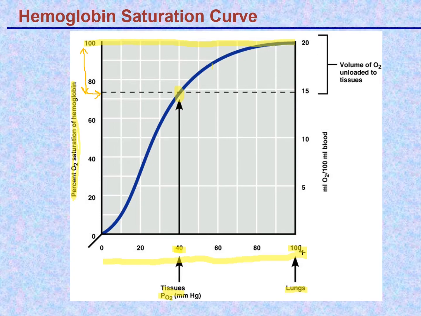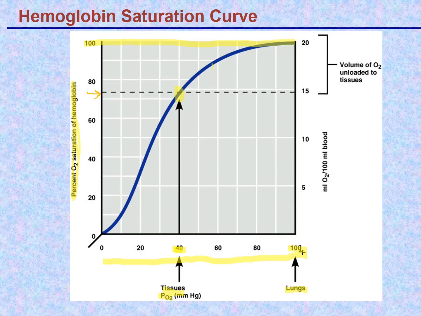You'll see in different books, different figures, it may vary somewhat, and certainly it will change if the tissue is metabolically really active, like muscle tissue that's contracting a lot, using up a lot of oxygen. But at rest, you're going to get a drop straight down to there.